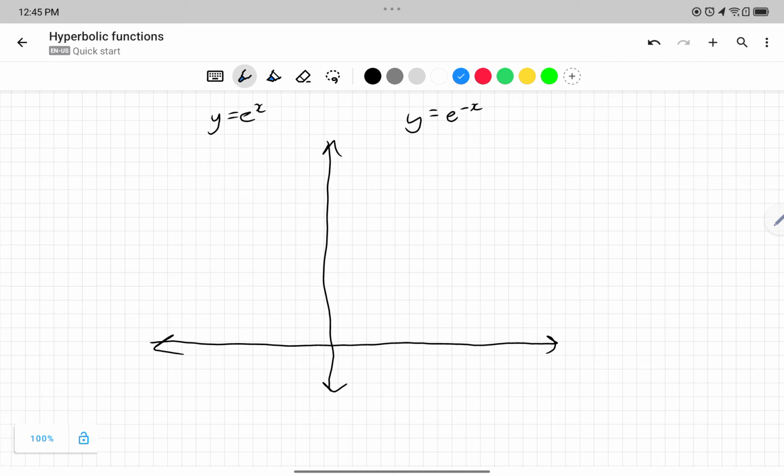It doesn't touch this point though. Erased everything. Okay, let me draw it like this. Something like this. Let's see.